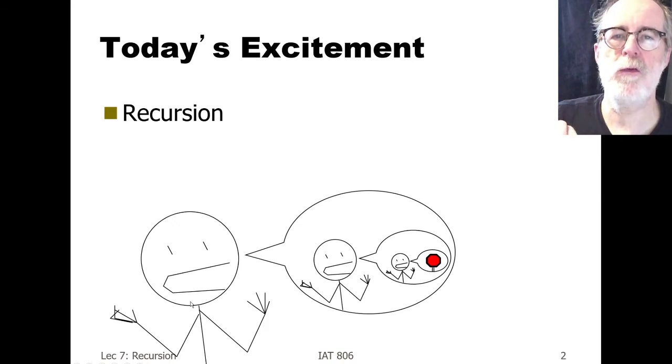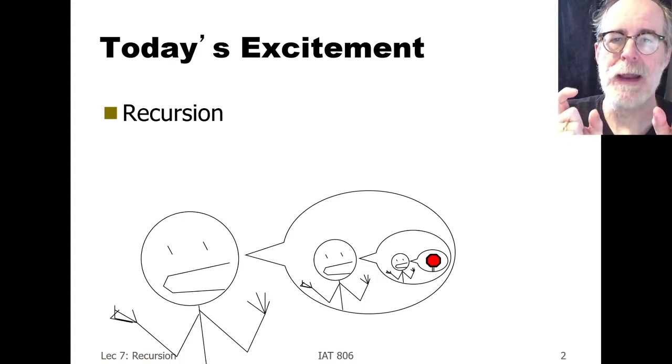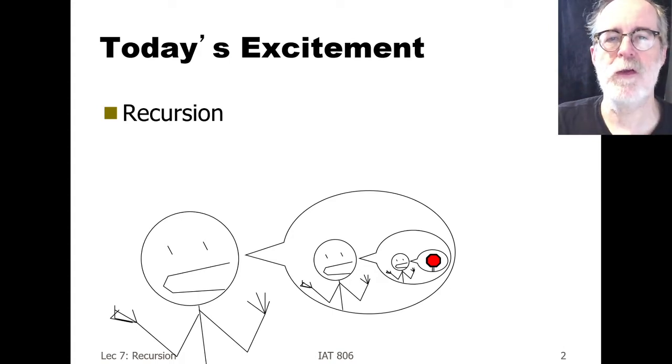The concept is that during recursion, you take incremental steps towards a solution to a problem by breaking it down into subproblems, and you delegate those smaller subproblems to another instance of the function that you're already in.